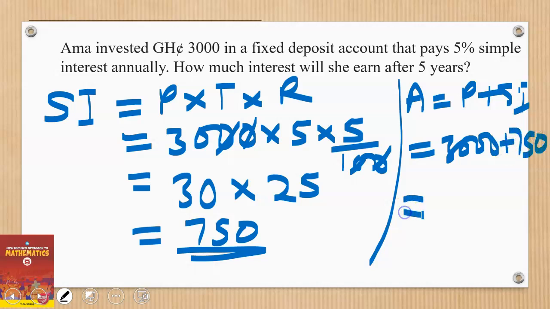When we add these two numbers, we will have 3,750 Ghana cedis. So this will be the total amount Amma will receive at the end of 5 years. That is her deposit and then her interest put together.